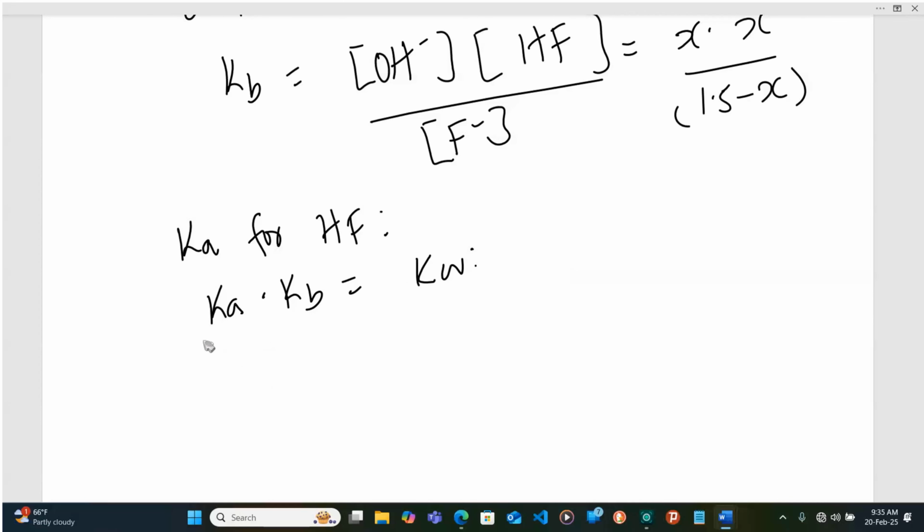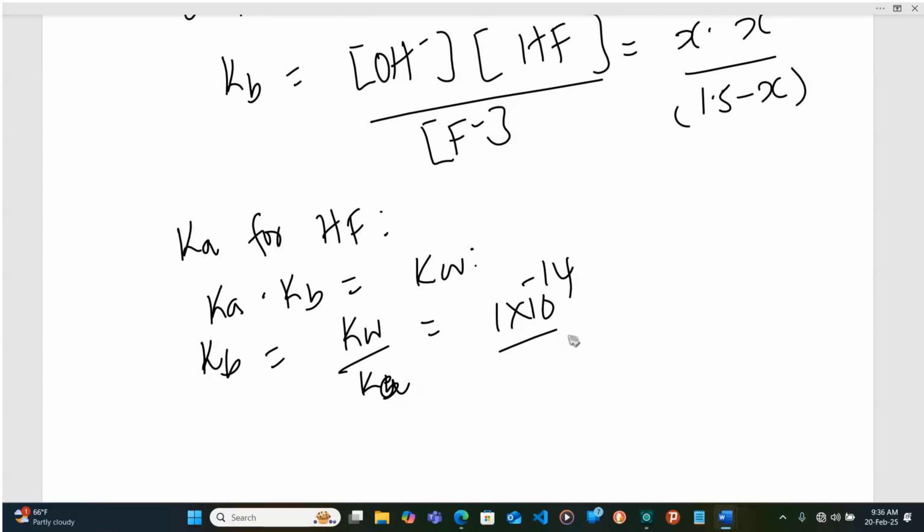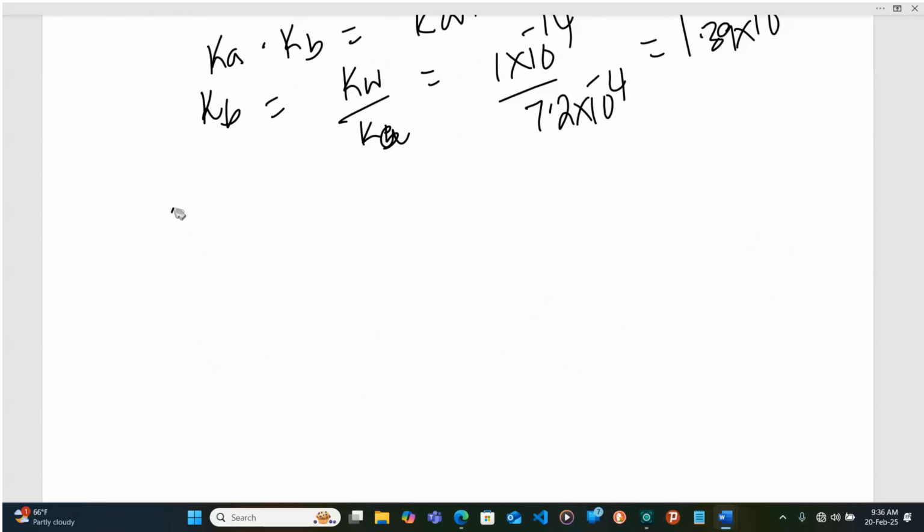So therefore, Kb will be Kw divided by Ka, and this is 1 times 10 power negative 14, that is at 25 degrees Celsius, divided by Ka, which is given as 7.2 times 10 power negative 4. This is 1.39 times 10 power negative 11.